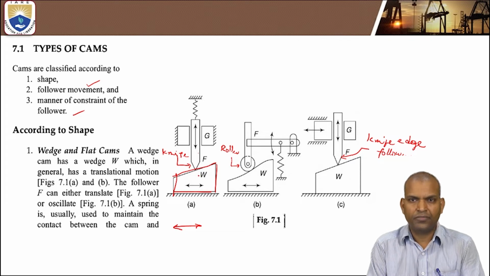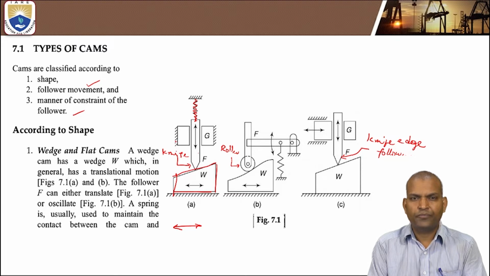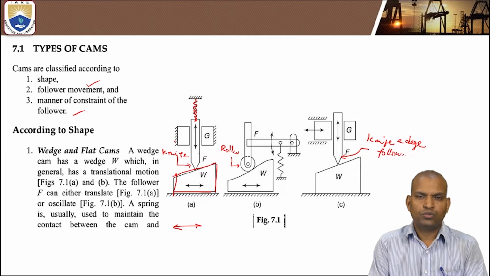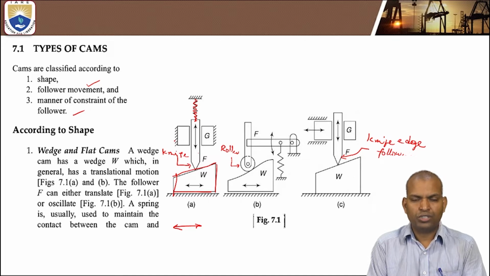It comes under the category of higher pairs. This contact can be maintained with the help of a spring attached here. The spring has an elastic property such that it keeps the follower in touch with the wedge always. Now, again, in the classification of kinematic pairs, there is the nature of mechanical constraint. Under this category there are two types: number one, closed pair, and number two, open pair or unclosed pair.